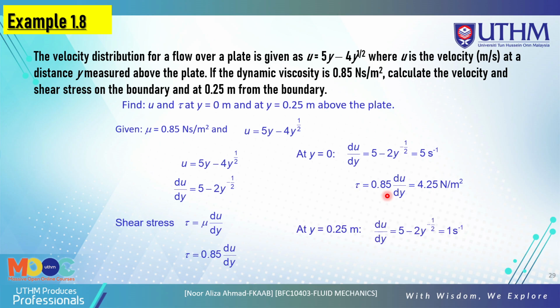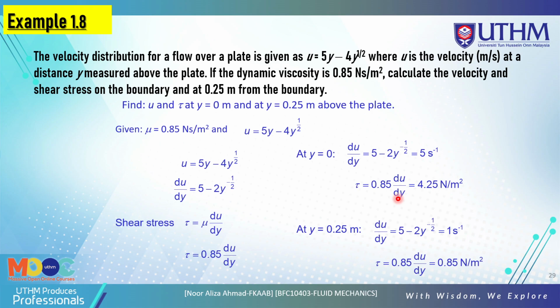When at y 0.25, just put y at 0.25, so you get 1 second here. So you get the shear stress with y 0.25 meters, the shear stress is 0.85 Newton per meter squared. So this is the concept to find the velocity and shear stress on this boundary.